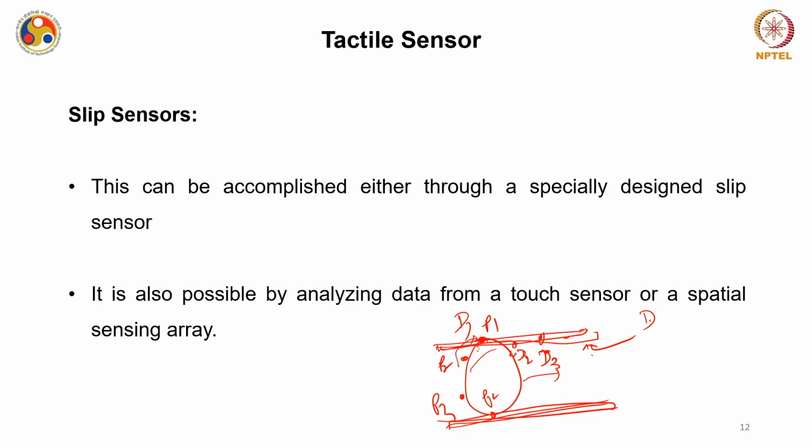The same thing will happen with P3, P4, and so on. So if you collect all this data and analyze it, you can understand the pattern of slip of this wheel inside these two different beams in which it is sandwiched. So this is a perfect example of a slip tactile sensor.